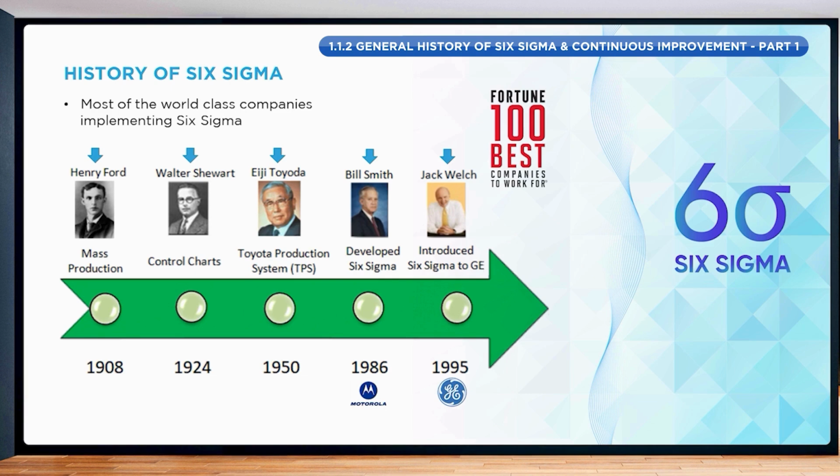Jack Welch was a businessman, and when he was in the position of CEO at General Electric, he introduced Six Sigma across the entire General Electric, and he made it part of the business philosophy as well as the business planning and the business strategy.